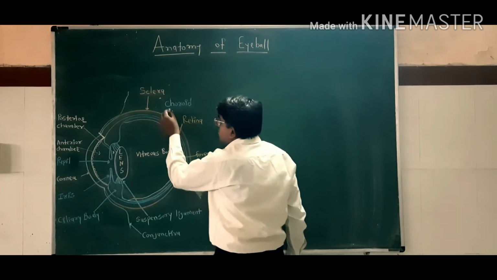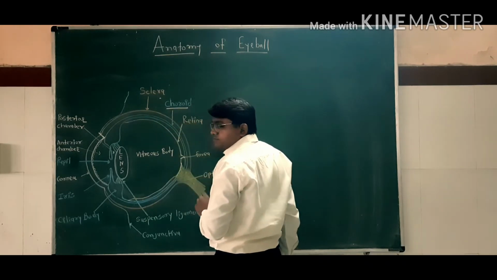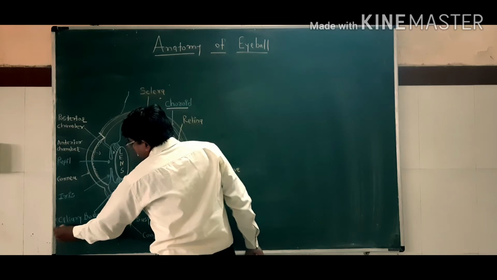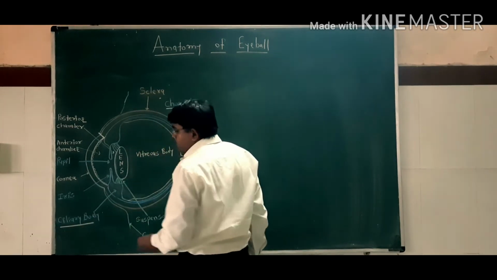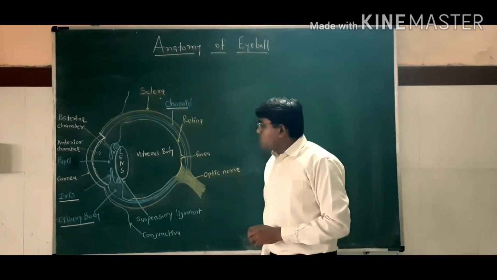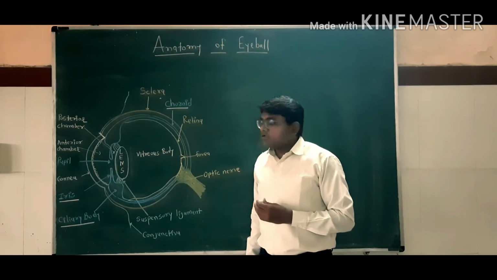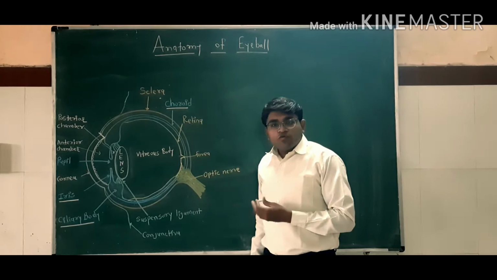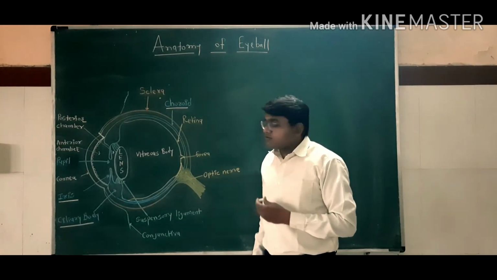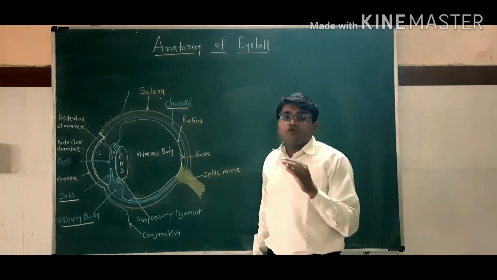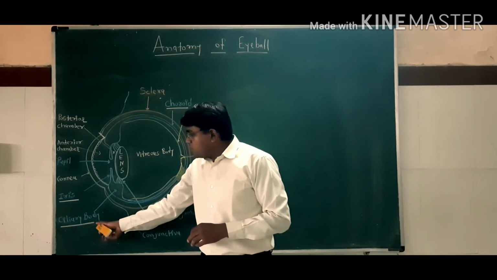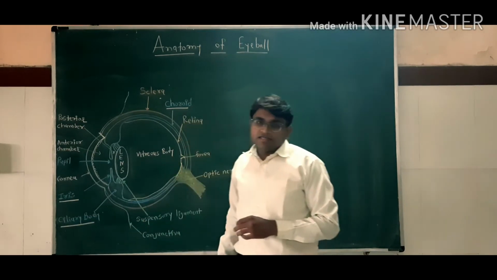They are the choroid, the ciliary body and the iris. So the middle layer, or the uveal tract, is also known as the vascular layer. This layer is formed by the choroid, the ciliary body and the iris.